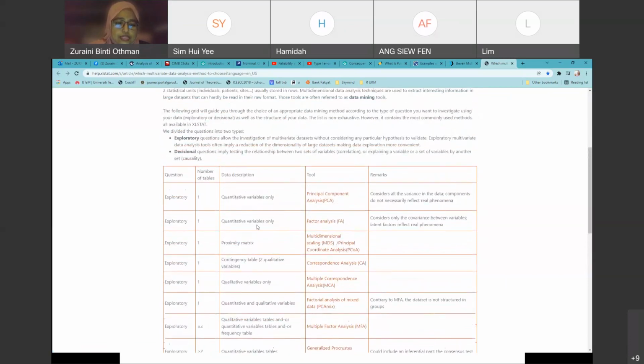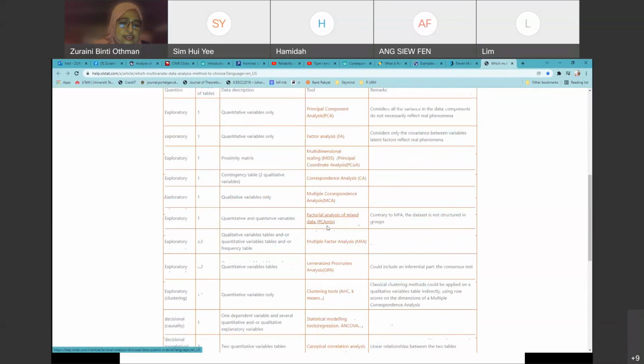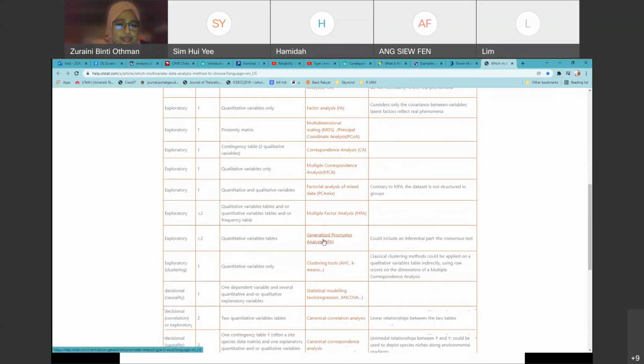Okay, this table is quite helpful. If you have this type of question and you have this type of data, then what analysis do you want to consider? For example, if it involves a contingency table, two qualitative variables, you have to use correspondence analysis. The explanation of correspondence analysis you will find by clicking this link.